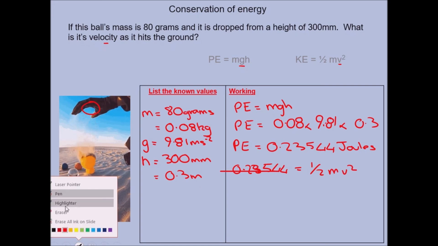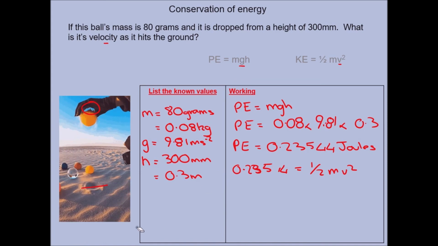Alright, so again, energy cannot be created or destroyed, only transferred from one form into another. So we're going to rearrange this formula for v. So what's that going to look like? First thing, we'll take half the mass and divide both sides by that. So we're going to divide this by half the mass, which is 0.08.